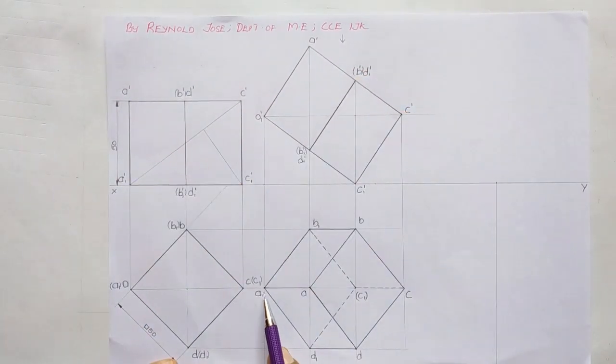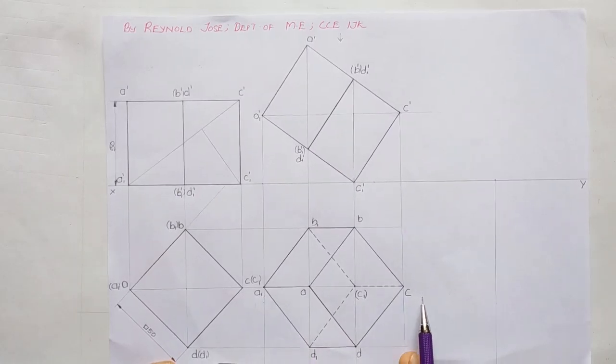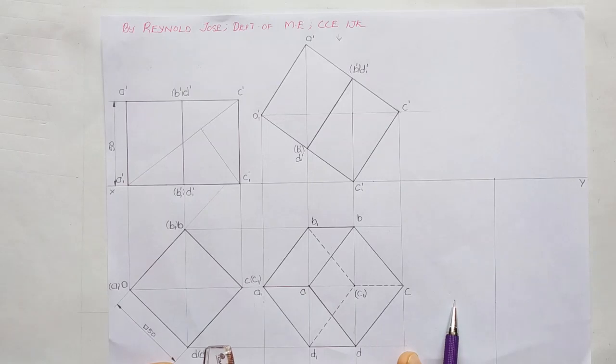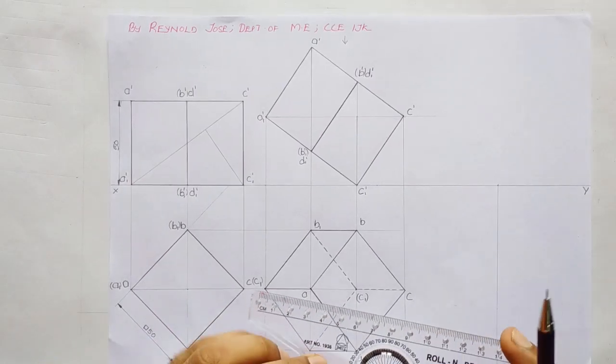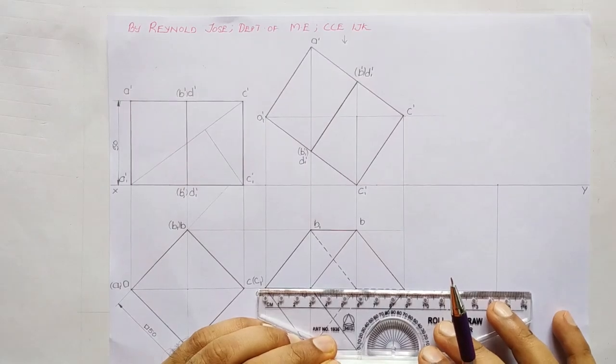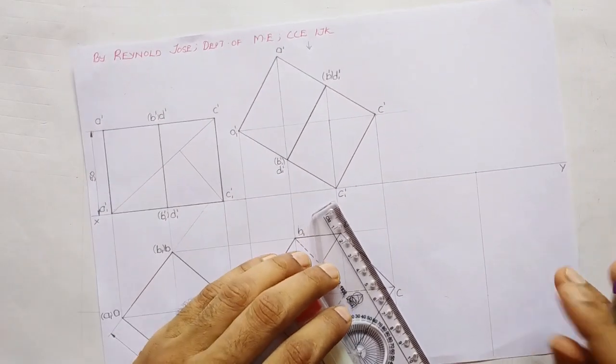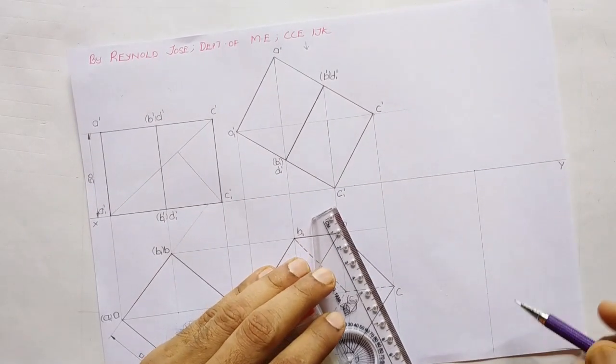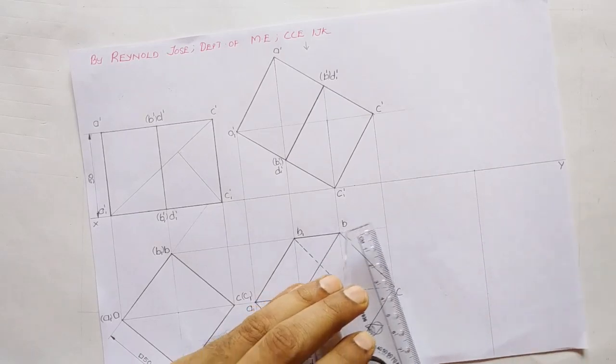We shall measure the length of the top view of the body diagonal. It is approximately 87. So along this perpendicular line we shall mark that distance, which is 87.